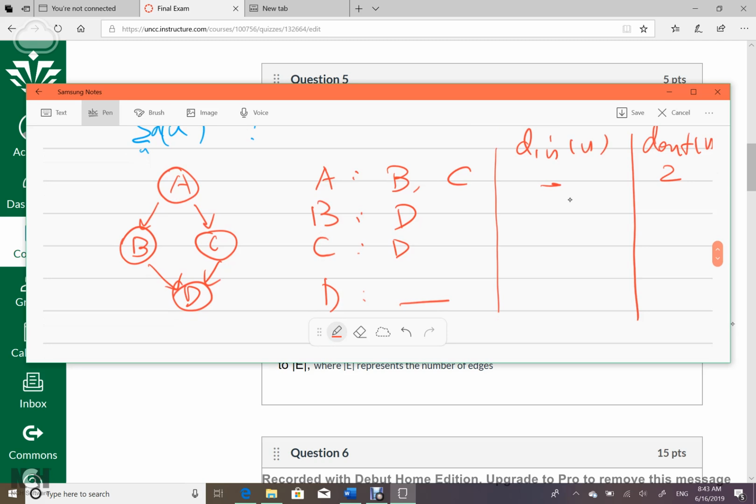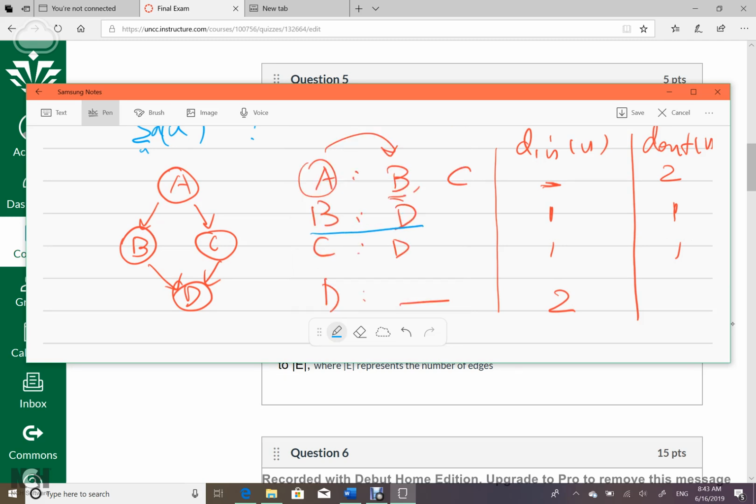Then you check B: d_in of B is A going to B, so it is 1, and out is 1, right? Same for C. And for D, you have 2 edges entering D.